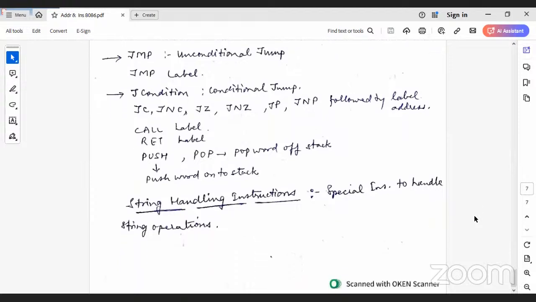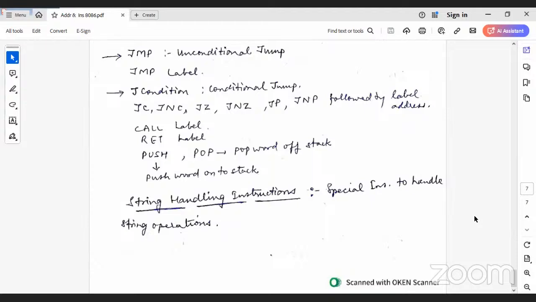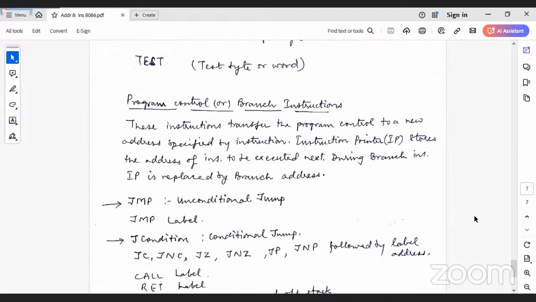Push and pop are the same in your 8085 processors also. But how it is being used, you can understand only when you are dealing with some program. But when you are discussing program control operations, you can simply say all these instructions are also included in branch instructions.